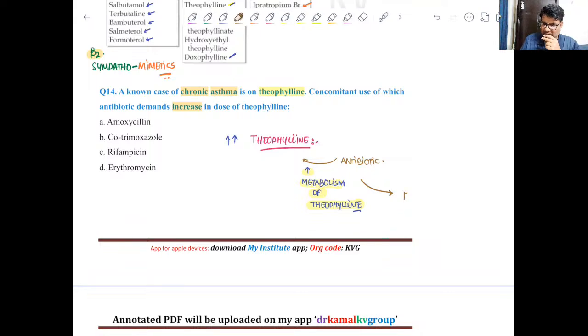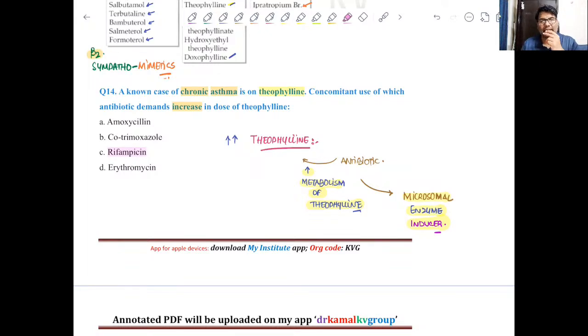These are known as microsomal enzyme inducers. Clear? So this is a microsomal enzyme inducer. Now, when I say microsomal enzyme inducer, one example should click in your mind, and that is nothing except rifampicin. So rifampicin is a microsomal enzyme inducer drug.